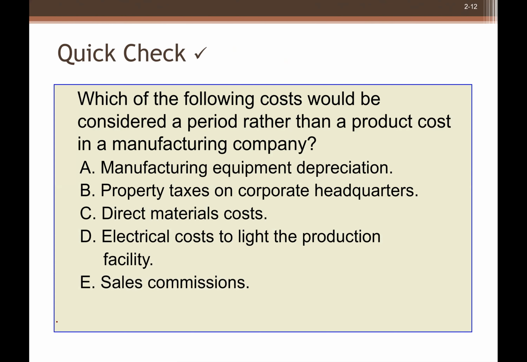So can you tell me which of the following costs would be considered a period rather than product cost? Jackie, William. Yeah, the first one is the sales commission.